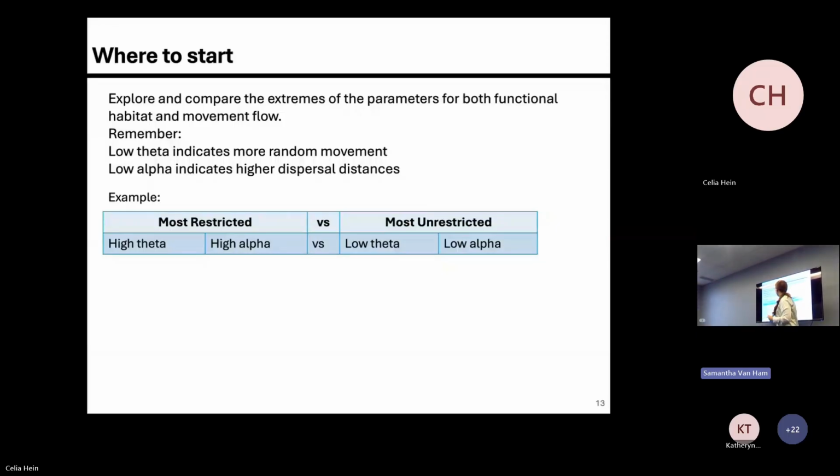Then set your alpha to the highest value as well, because it's reversed in this situation, where low alphas indicate higher dispersal. So we want to restrict that as much as possible to get our smallest habitat. So high theta means least-cost path movement, and high alpha means really restricted dispersal.